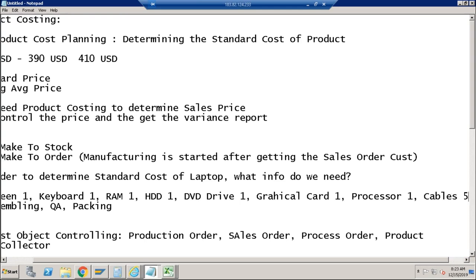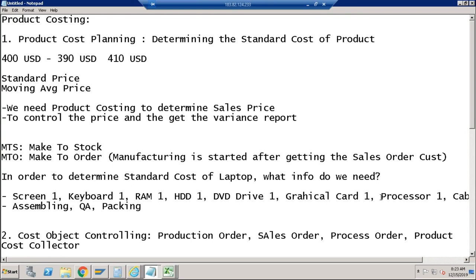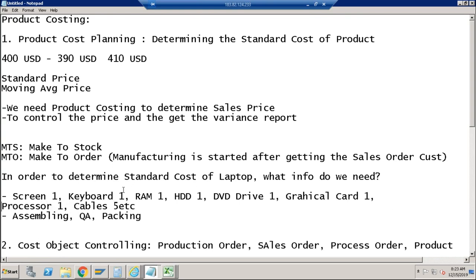This information, where we are telling the system which raw material is required and in how much quantity, is called bill of material. Nothing but, in layman terms, a list of materials with quantity, is BOM.